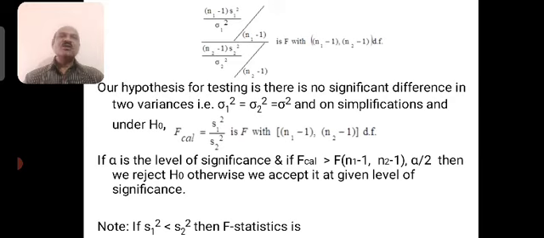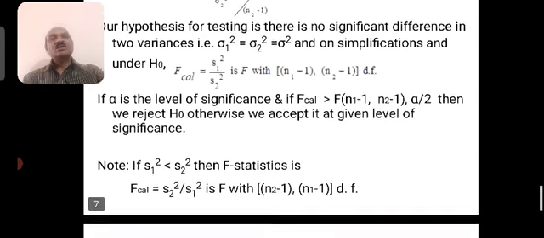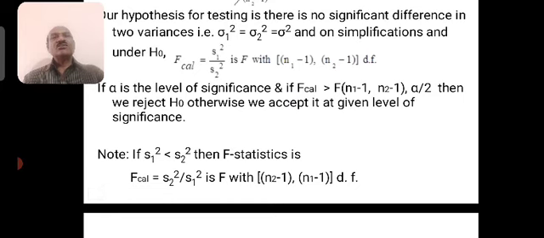If alpha is the level of significance and F calculated is greater than F with n1 minus 1, n2 minus 1 comma alpha by 2, then we reject H naught, otherwise we accept it at the given level of significance. Now in this case we have assumed that S1 square is greater than S2 square. If it is less, the reverse is the case.